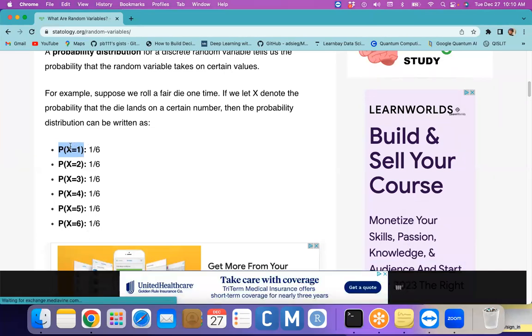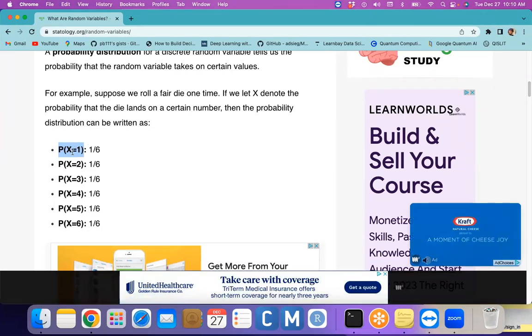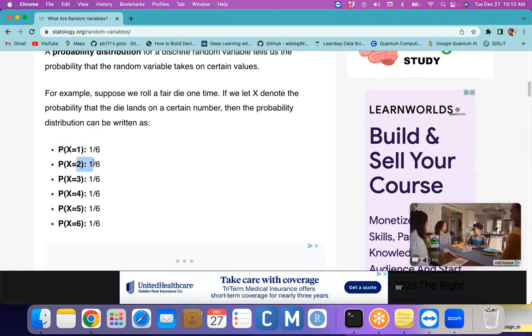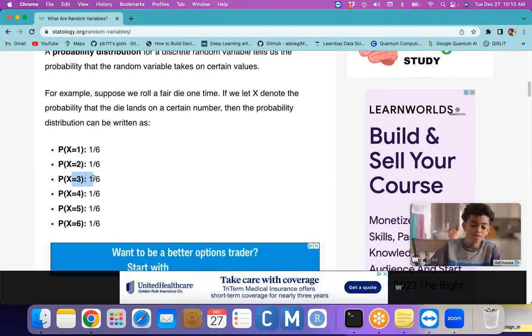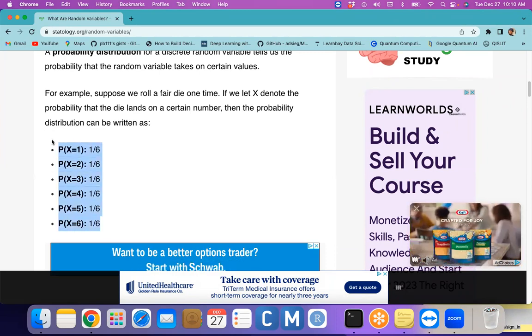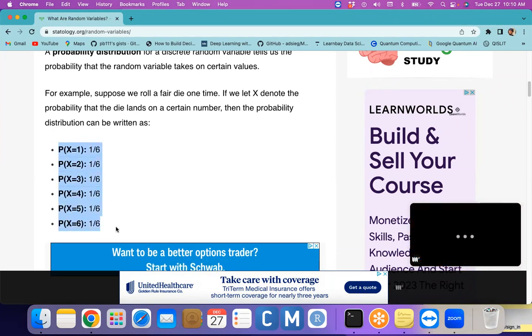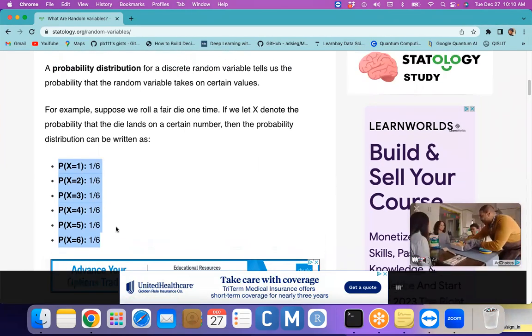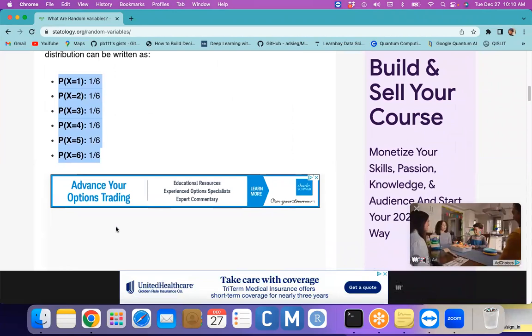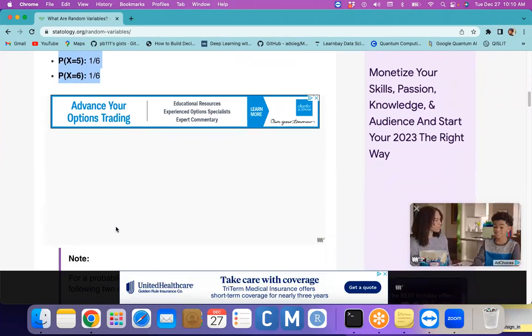Out of that you might get the 1 one time, so that is 1 by 6. Meanwhile the probability of x equals 2 is 1 by 6 only. Probability of 3 also is 1 by 6 only. This is the way you can give the probability of each and every outcome. So this is exactly the probability distribution for each and every element in that distribution.